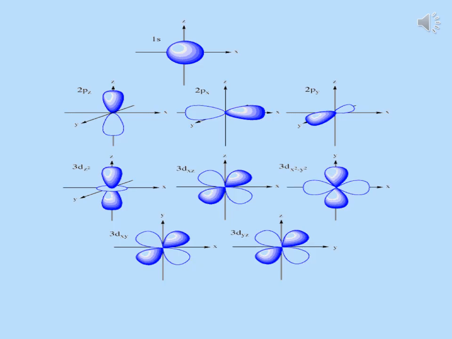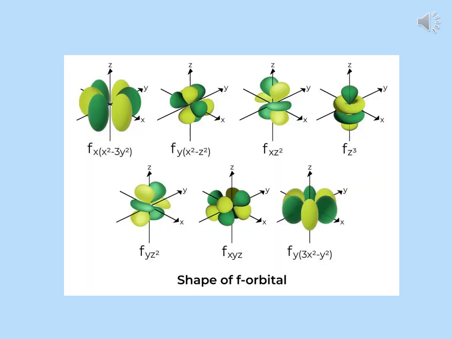So there are 5 different types of d orbitals, each with the same n and L values but different m magnetic quantum number values. The next slide shows complicated shapes of the f orbitals.